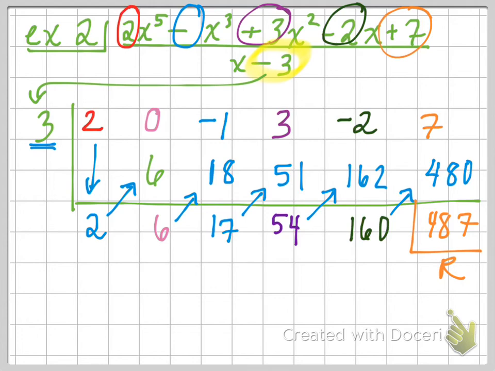I can think of the 160 as my x to the 0, then my x term, x squared, x to the third, and x to the fourth.